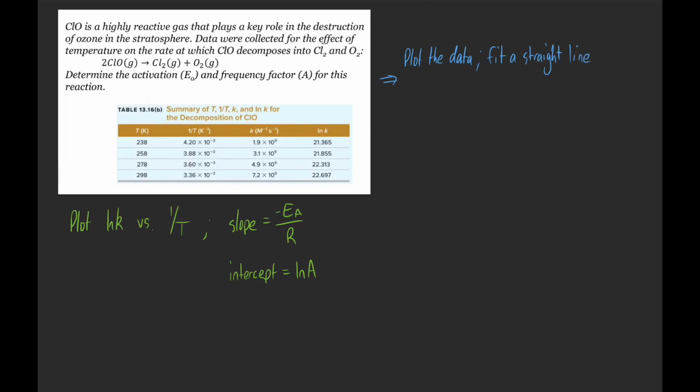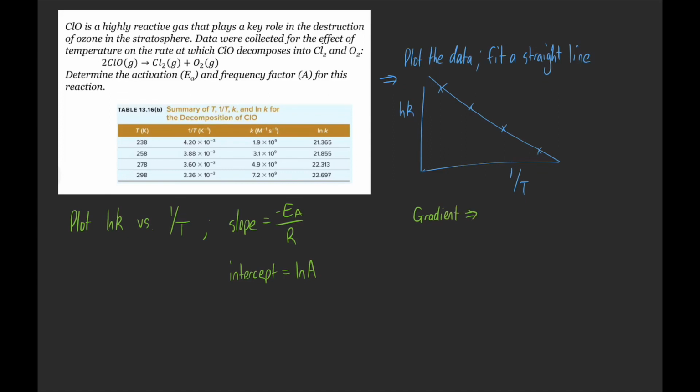The data will look something along the lines of this, where we have ln k on the y-axis, 1 over T on the x-axis, and we have data that falls nicely on a straight line. Using any graphical software or a graphing calculator, we can plug these real numbers in and determine what the gradient is.